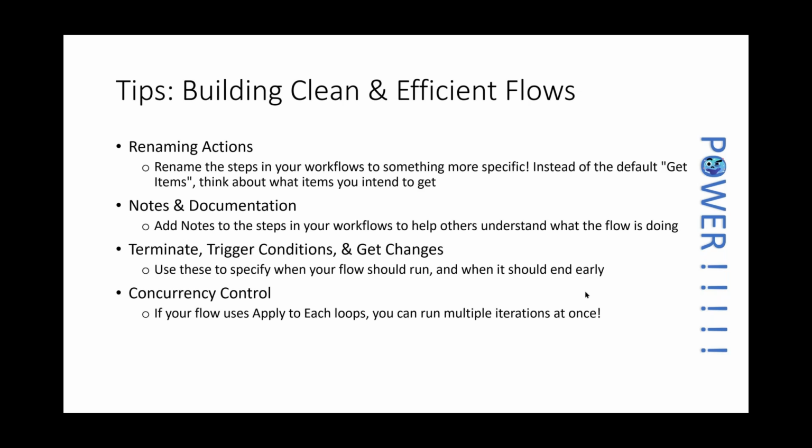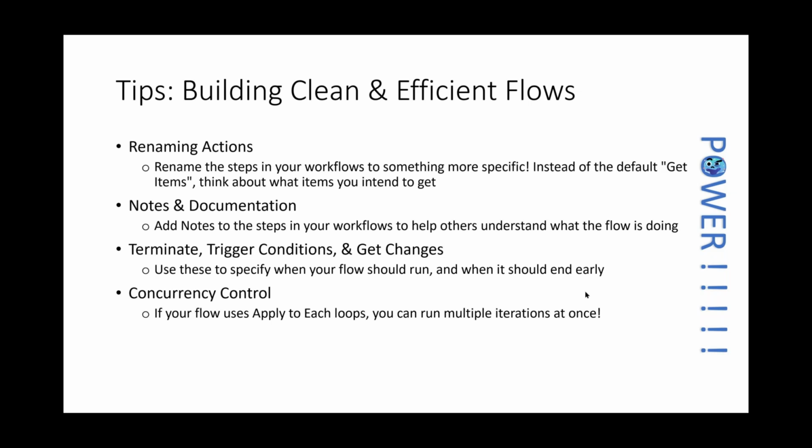Like we talked about, you probably don't want your workflow to run every single time an item gets edited or every single time someone adds a new line to a document. You're probably looking for something a little bit more specific. So having some control over whether that workflow ends early, if conditions weren't met, whether that workflow ever triggers at all if conditions weren't met, that's going to be powerful stuff to help keep your workflows running only when you'd really expect them to.